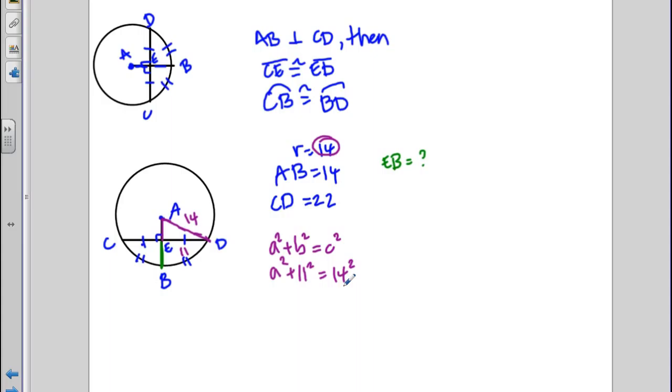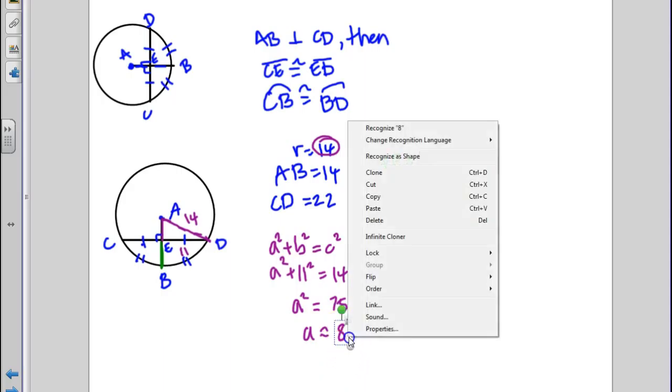All right, so now that you're back, you should have a squared equals 75, or a is about 8.66.